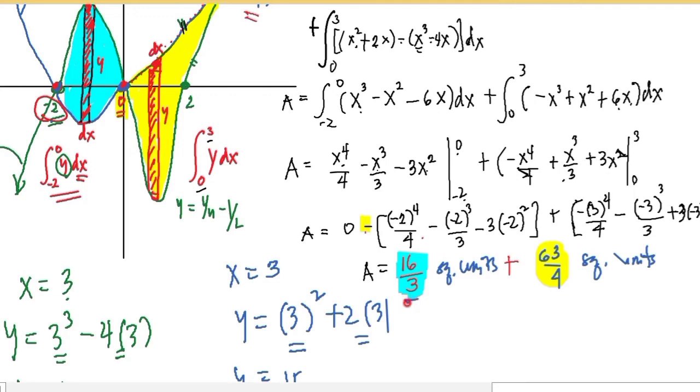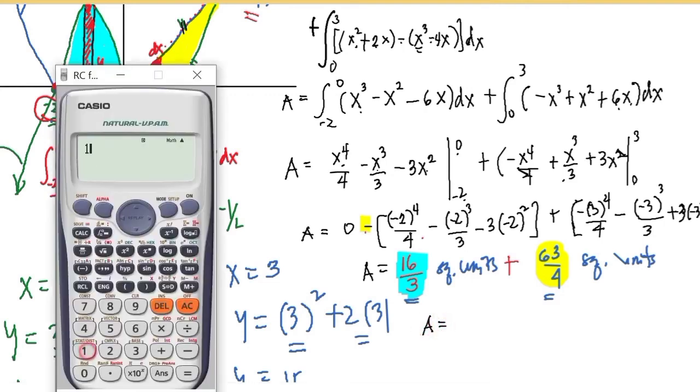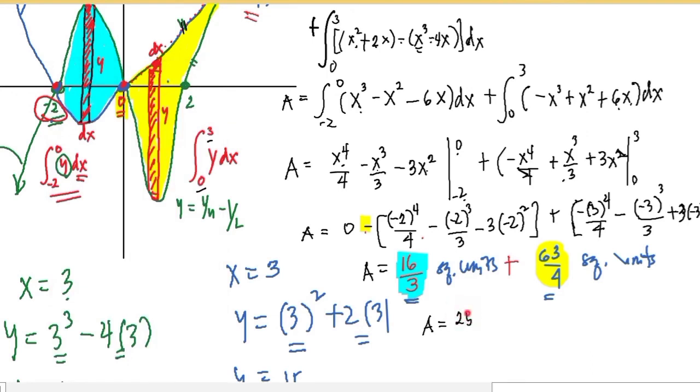The first answer is for the first area, and the other answer is for the other area. But if the problem asks us to compute the total area, we just sum them up. So we have 16 over 3 plus 63 over 4. Then we can say that 253 over 12 square units is the total area. So this ends our fourth exam.